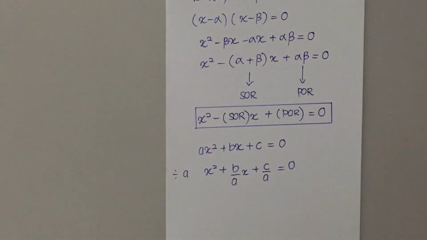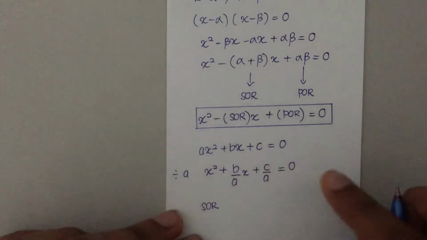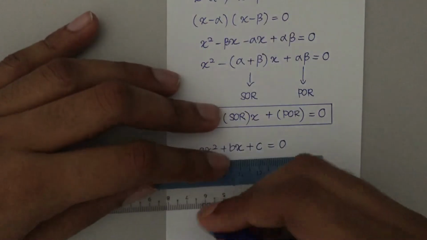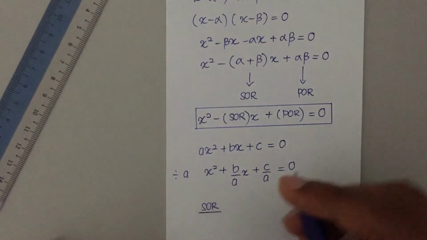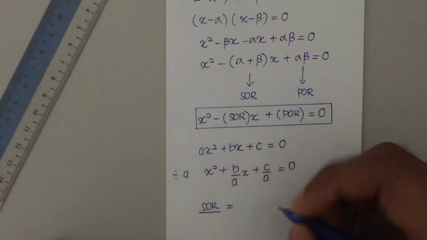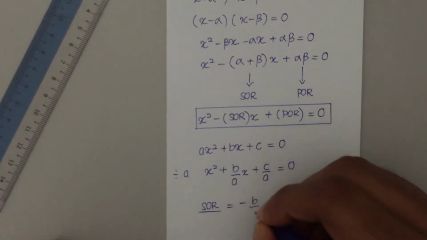Okay. So from here, let us identify the sum of roots and product of roots. Your sum of roots, in this case, will be equal to negative b over a.